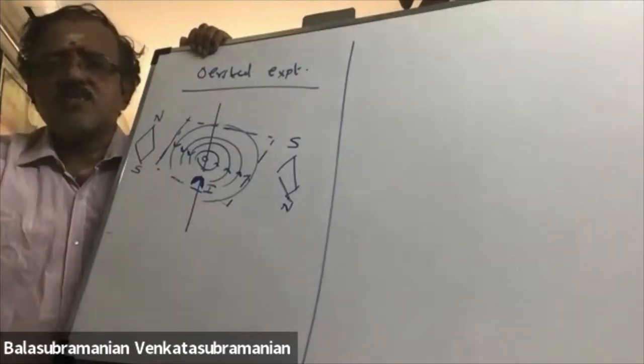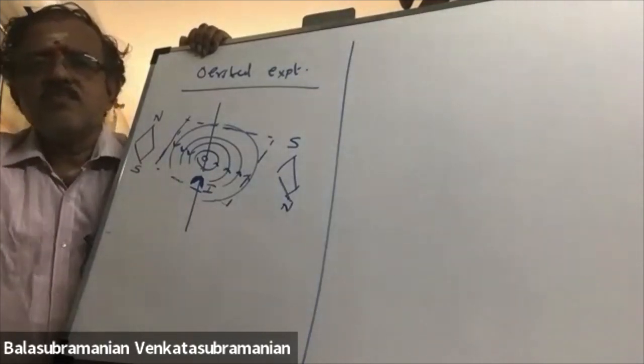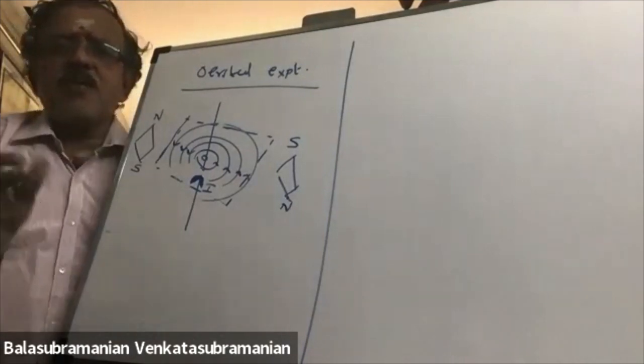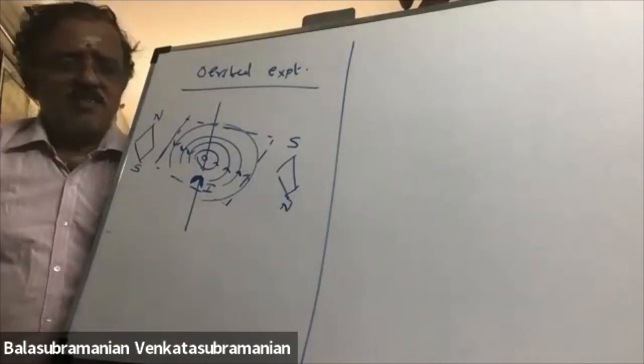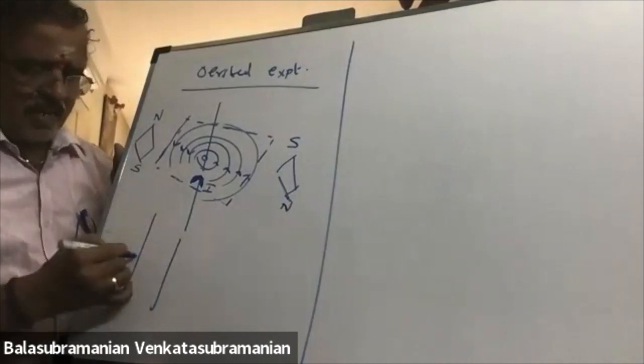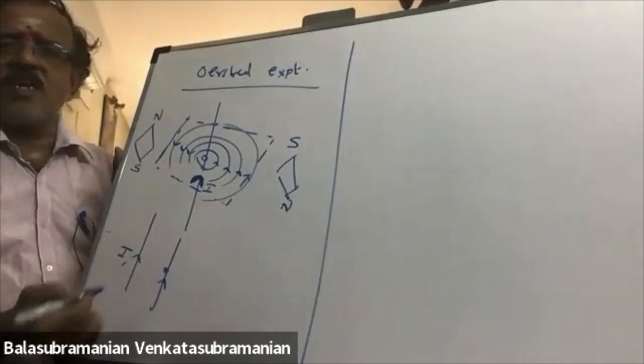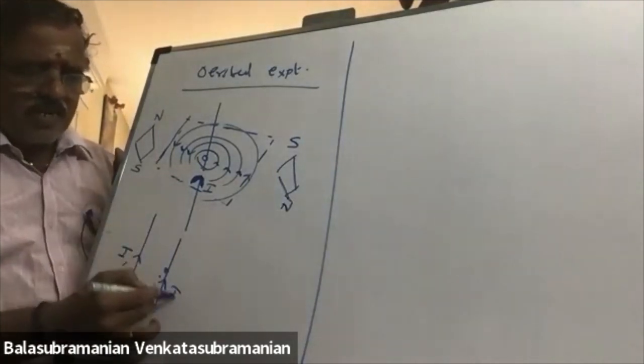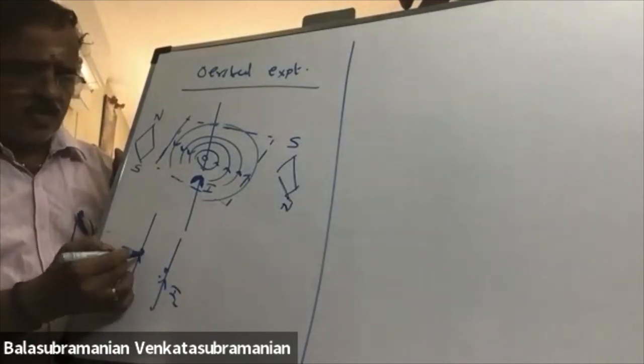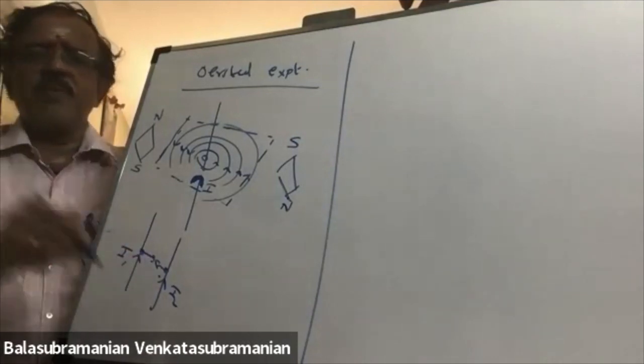Next part we will discuss. So you need not provide a magnetic field at all. Two wires carrying current, because of this current there exists a magnetic field here, and because of this current there exists a magnetic field here. So an attractive force arises, using Fleming's left hand rule.